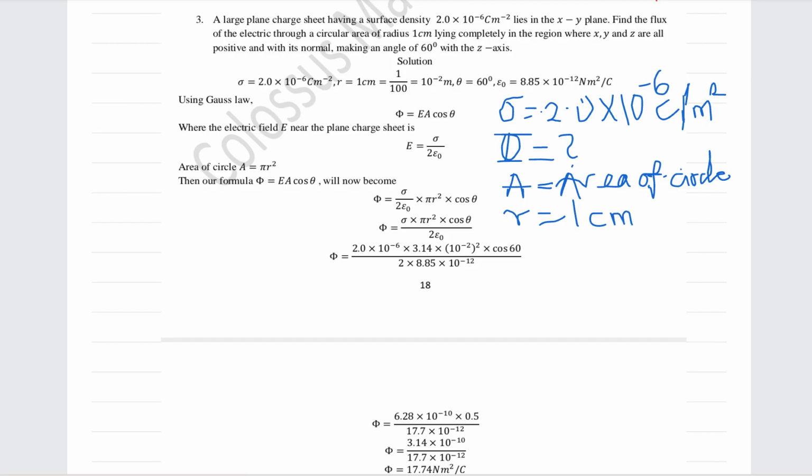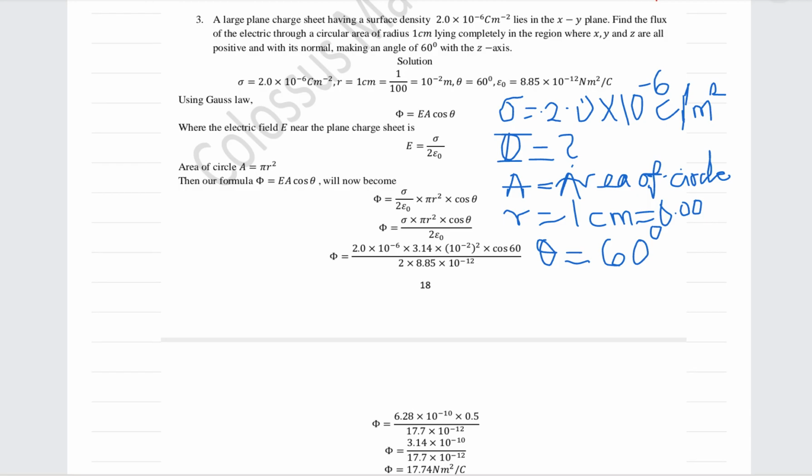It lies completely in the region where X, Y, and Z are all positive, with its normal making an angle of 60 degrees to the Z axis. So don't forget, you are looking for phi. If you convert your 1 centimeter to meter by dividing by 100, that will give you 0.001.